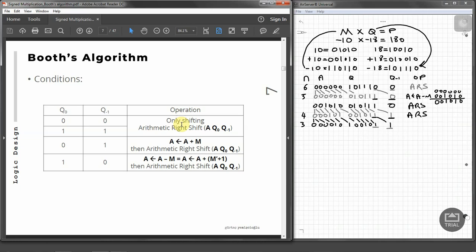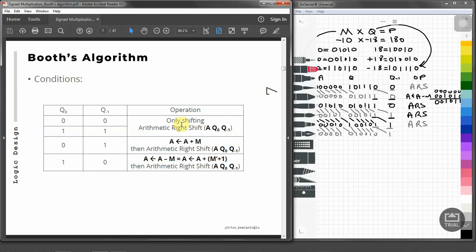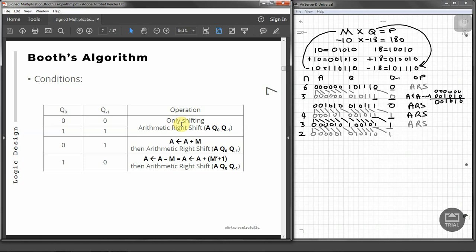So 0, 0, 0, 0, 0, 1, then 0, 1, 0, 0, 1, 0, and then that will be 1. And our number of cycles, it's going to be decremented to 2. Now we have got 2.